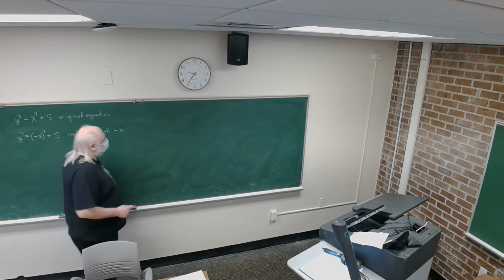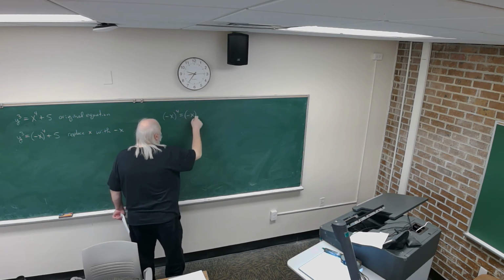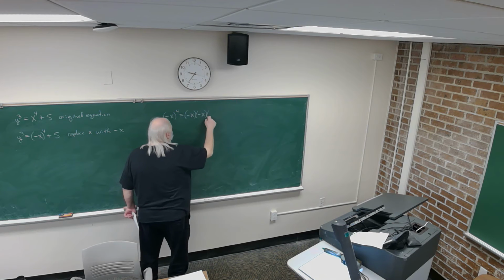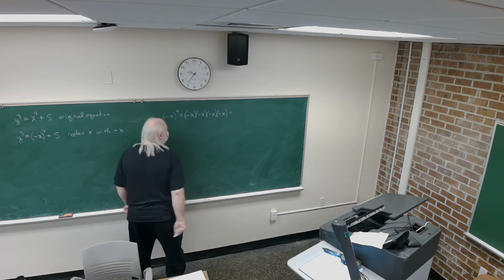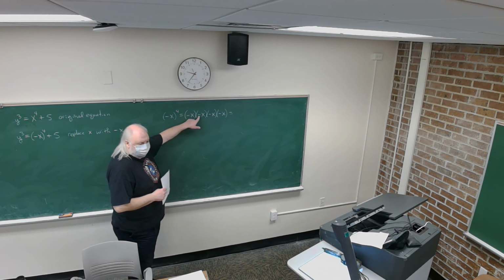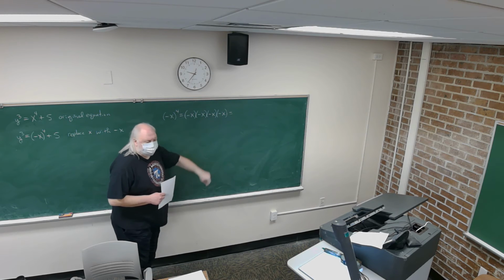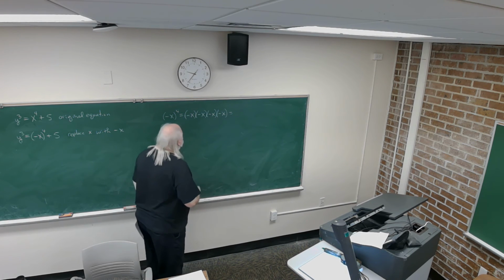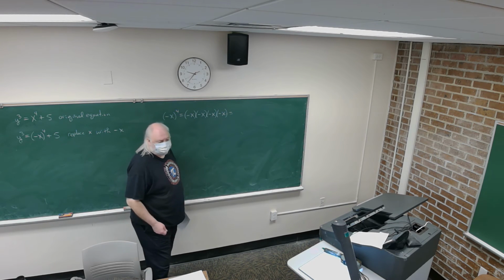Well, (-x) to the 4th, let's just review this, means 4 factors of -x. Negative times a negative is positive. Positive times a negative is negative. Negative times a negative is positive. So the product of an even number of negatives is positive.